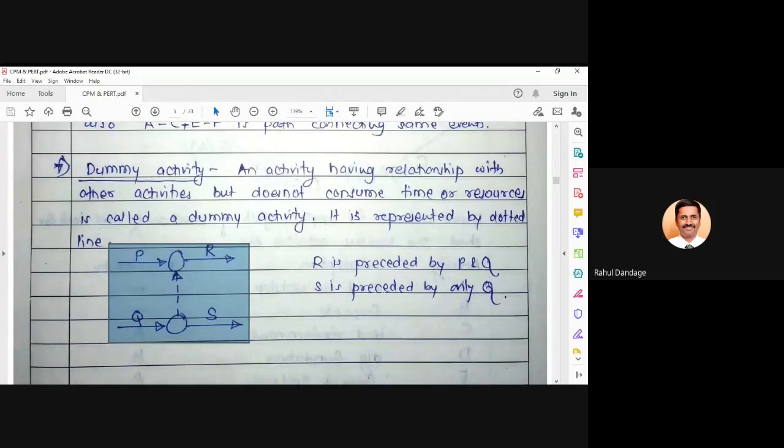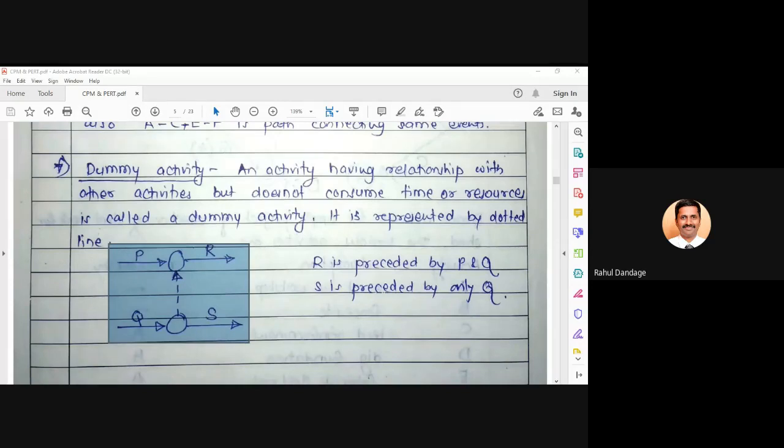Is there any doubt? Everybody has understood what a dummy activity is? It is only introduced to show the logical sequence or logical connections between certain events so that the logic of your network diagram gets satisfied.